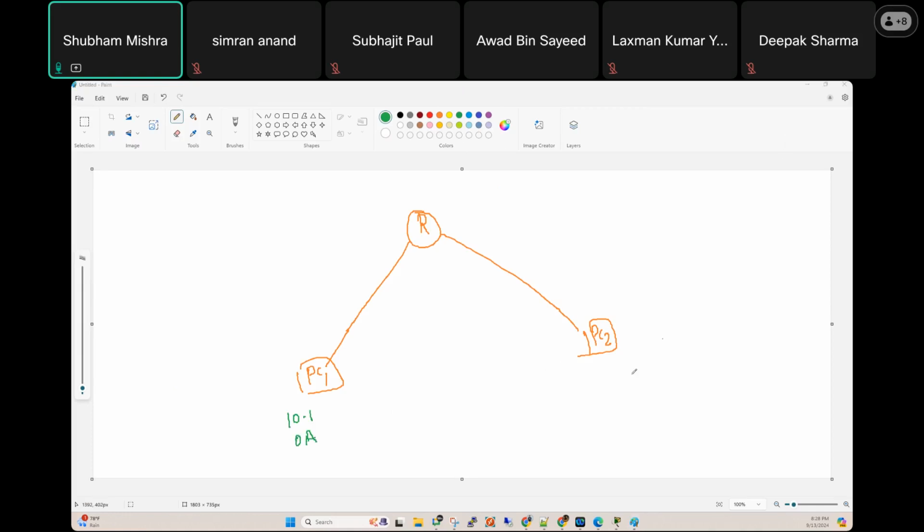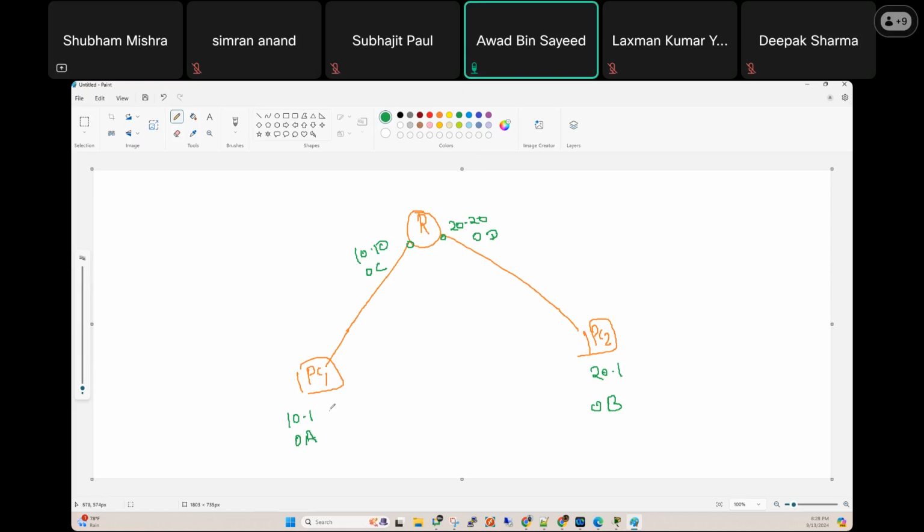IP address is, let's suppose, 20.1 and MAC address is 0B. Here, let's suppose the IP address is 10.10 and this interface's MAC address is, let's suppose, 0C. Here 20.20 and MAC address is 0D. Clear? Everyone, I hope it's clear to all of you.